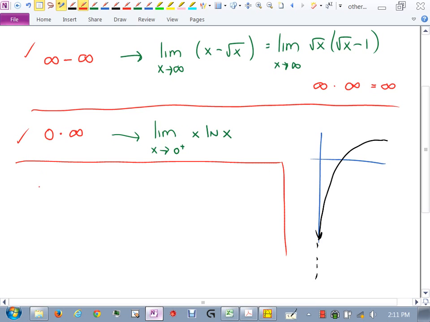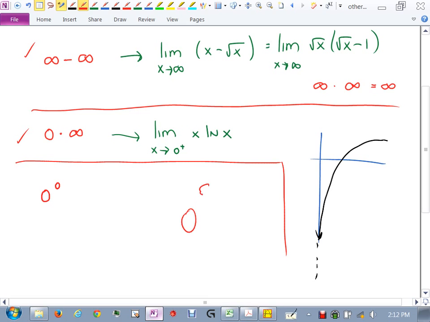Here's something. What about 0 to the 0? We haven't seen that before. You've been told before that any number raised to the 0 is what? 1. But also 0 raised to any power should be 0, right?